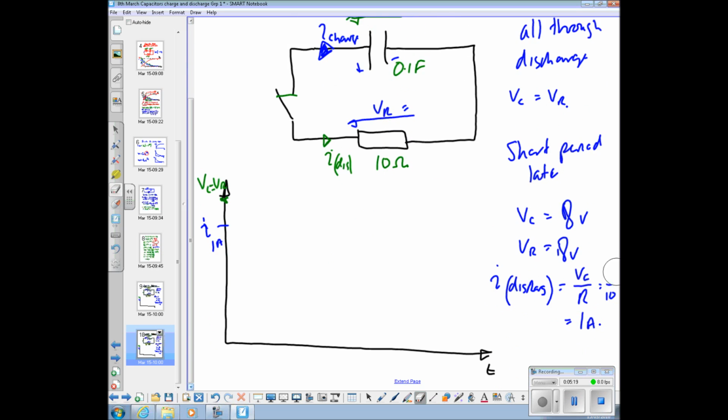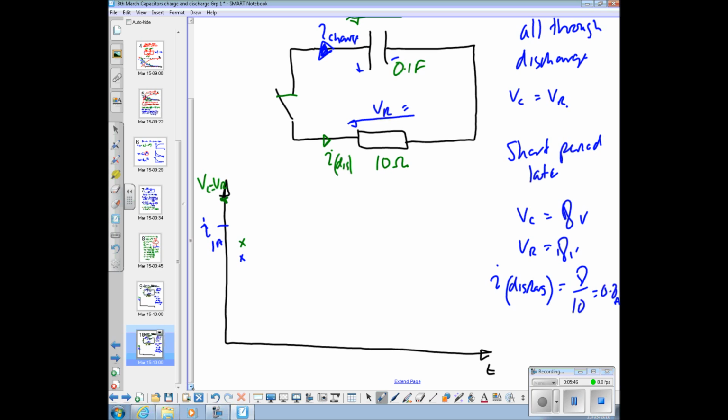And the current will be 8/10, 0.8 amps. Yeah. So after this short period of time, our voltages will have dropped down here somewhere, and our current will have dropped down here somewhere.